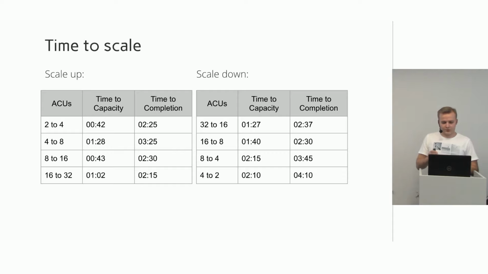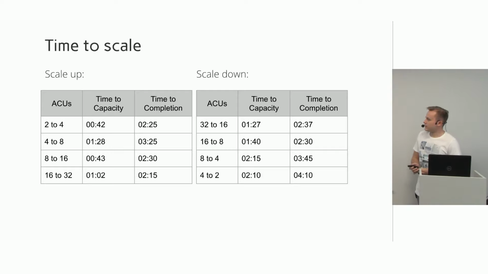At the same time, we decided to track the time needed for scaling, and a script was written to track how much time our cluster needs to change the maximum connections value, because that's the actual trigger that you will have access to the new database capacity. The time to capacity is the actual time your cluster needs to change the max connections value, and time to completion is the time when the AWS console shows you that your scale up or scale down was done.